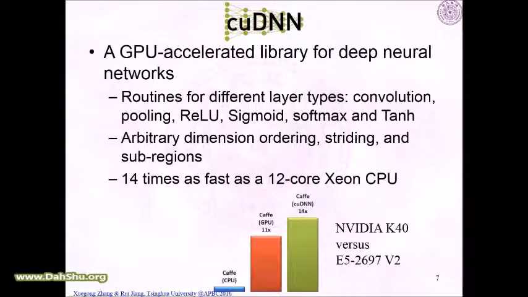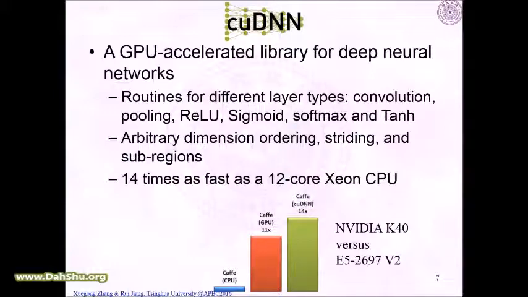We can see, if we work on the CPU, suppose the speed performance is like this. Caffe is a software for CNN developed at UC Berkeley by a student who graduated from Tsinghua University and is doing his PhD here.